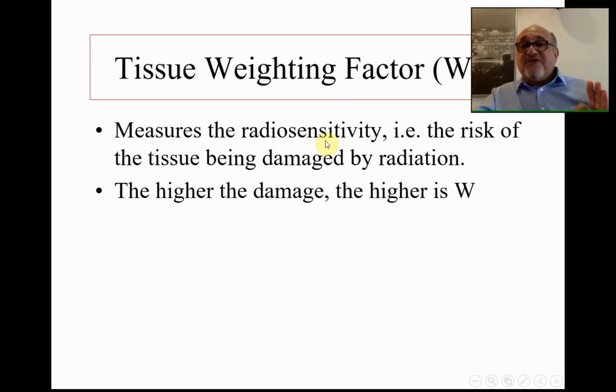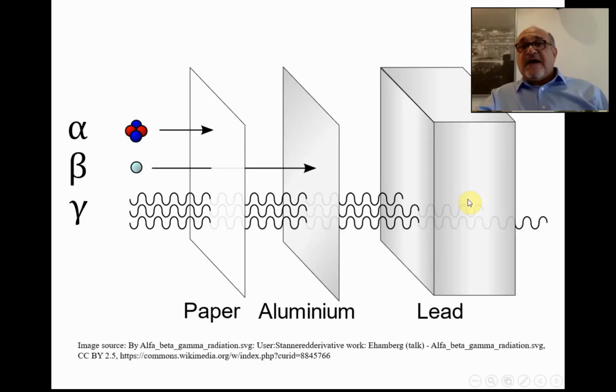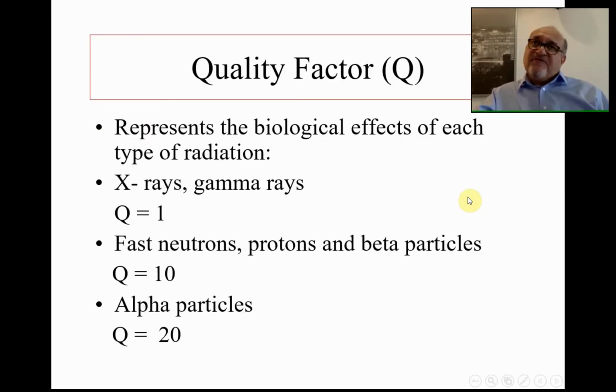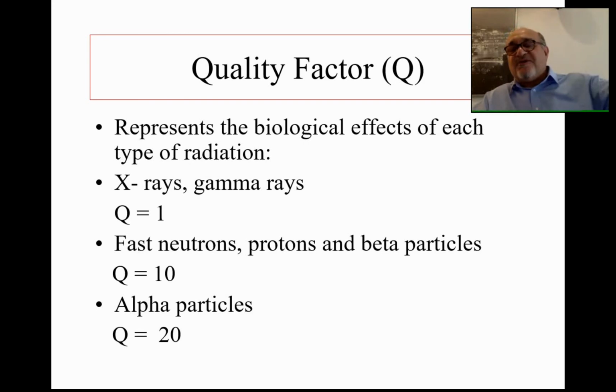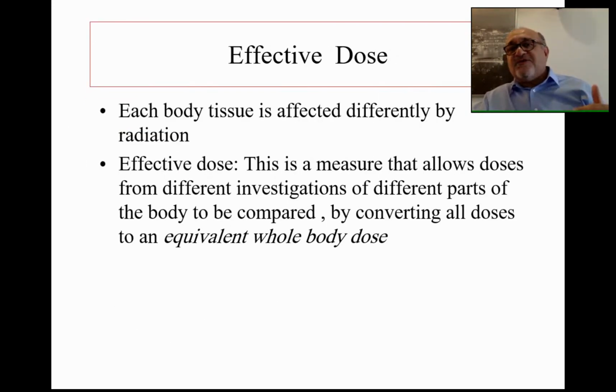WT measures the radiosensitivity, i.e., the risk of tissue being damaged by radiation. The higher the damage, the higher is the value of W. Mind you that W and Q are absolute values. They are not expressed by any unit. It's just numbers.